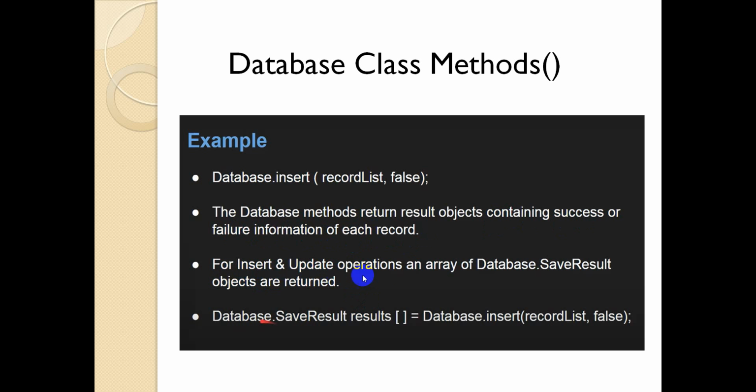For insert and update operations, an array of Database.SaveResult objects is returned. This is the syntax: Database.SaveResult array equals Database.insert(recordList, false). This is the syntax for insert and update.